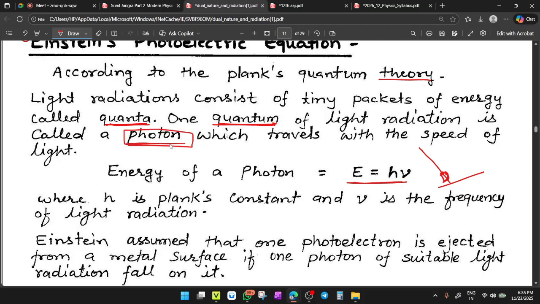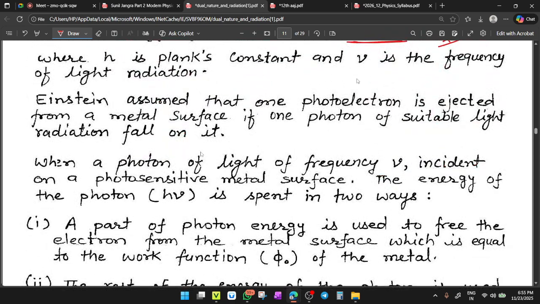So the energy of one photon is given by E equals h nu, where h is the Planck constant and nu is the frequency of incident radiation. Einstein assumed that one photoelectron is ejected from a metal surface if one photon of suitable light falls on it.